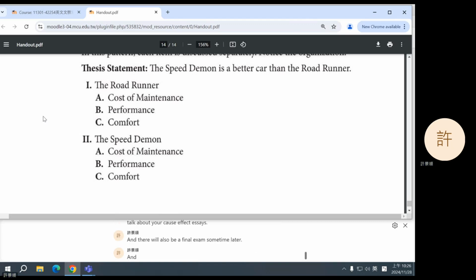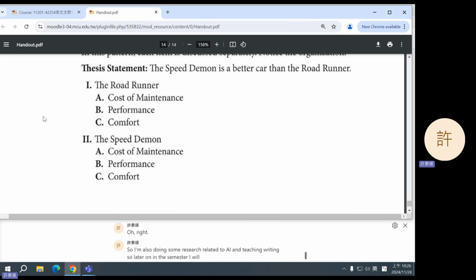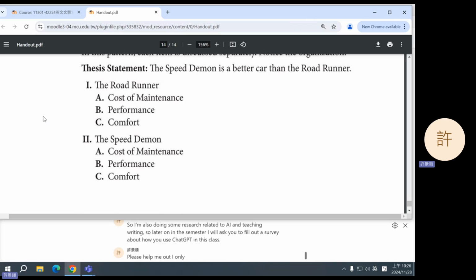Oh, right. So I'm also doing some research related to AI and teaching writing. So later on in the semester, I will ask you to fill out a survey about how you use ChatGPT in this class. Please help me out. I only have like 25 students in this class.